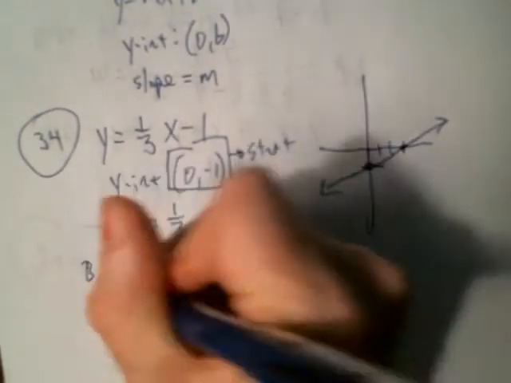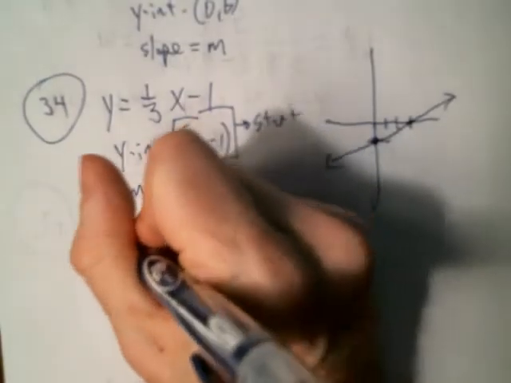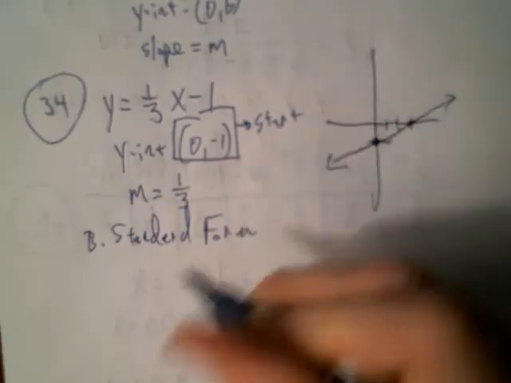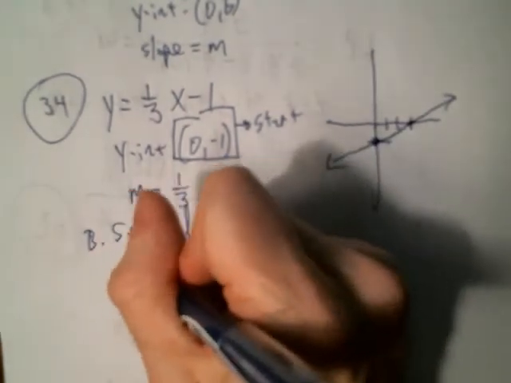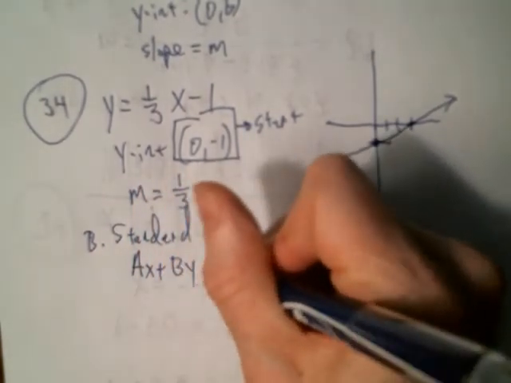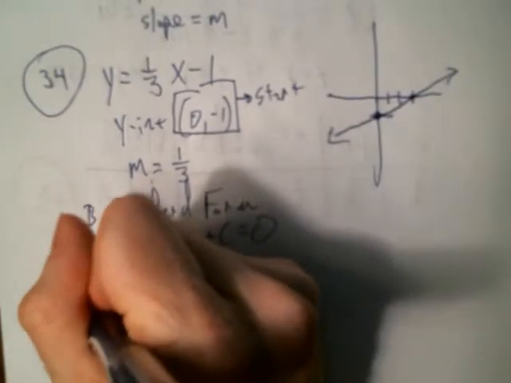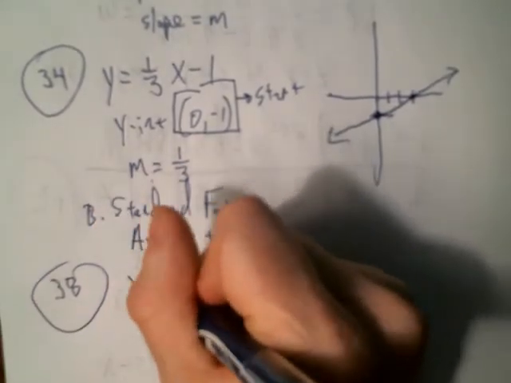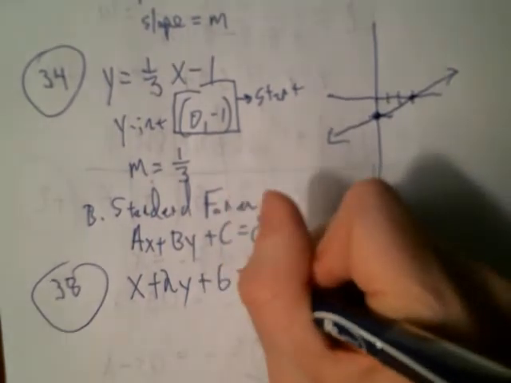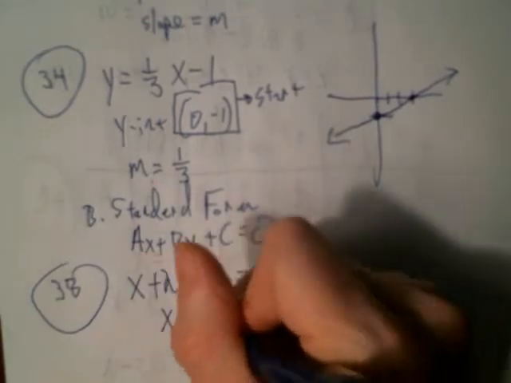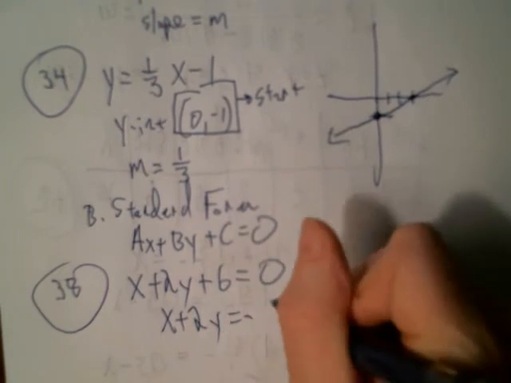The second form that you're usually asked to graph will be the standard form. In the book, they'll write it as ax plus by plus c is 0. And usually what I like to do is just get the x and y intercepts. So problem 38, I have x plus 2y plus 6 is 0. I'm going to move the 6 to the other side, so I get x plus 2y is -6.